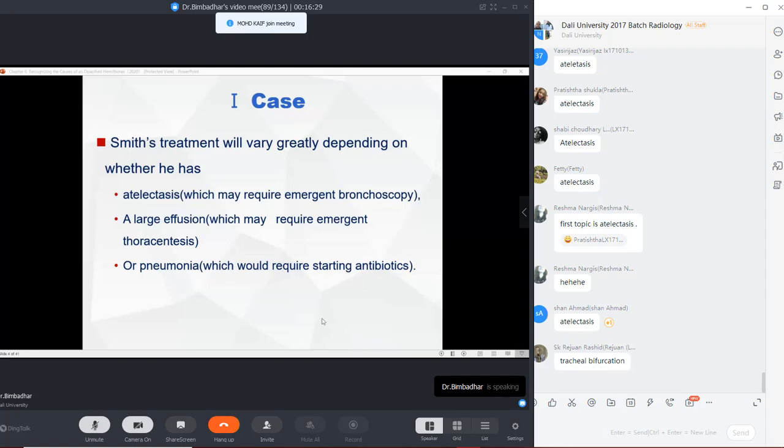Now, say I made a misdiagnosis of the collapse of the lung, and then I started piercing the chest with a bore needle, thinking this patient might be suffering from a pleural effusion, and I'm doing thoracentesis. But actually, the patient is suffering from atelectasis. Do you think that my treatment is justified?